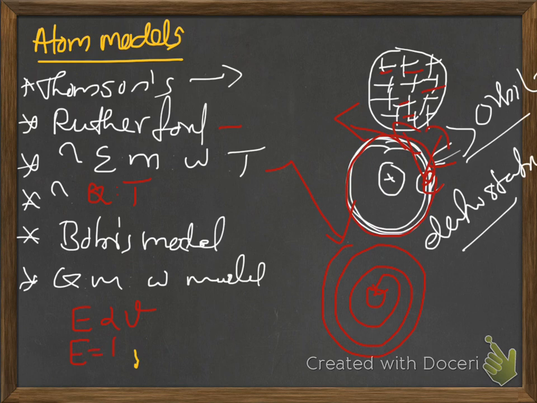Therefore, E equals h nu, where h is called Planck's constant, and we also have E equals n h nu.